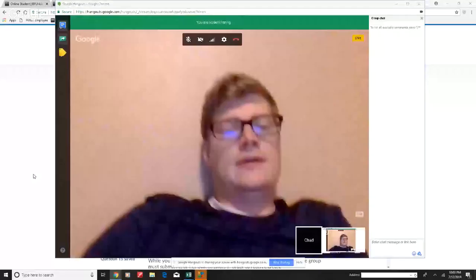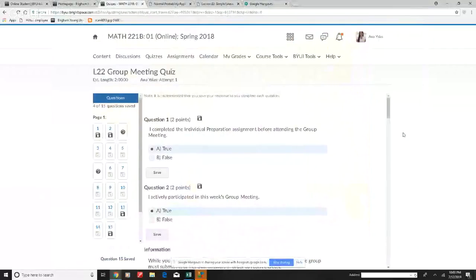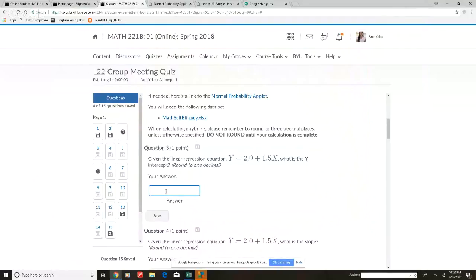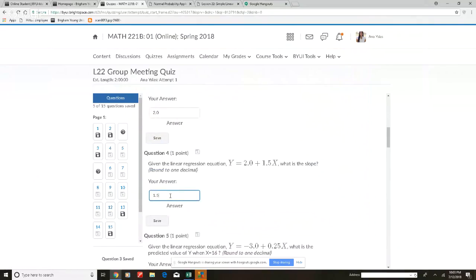And let me submit my quiz, and I can share my screen now so you can see what I'm doing. There you are. Okay, so 3 was 2.0. 4 was 1.5.